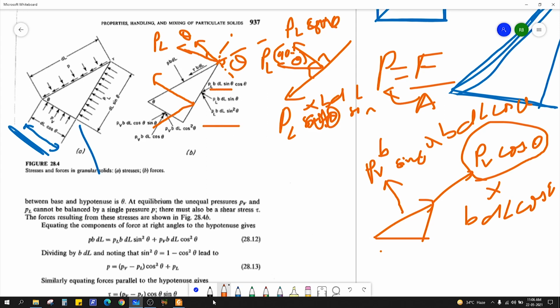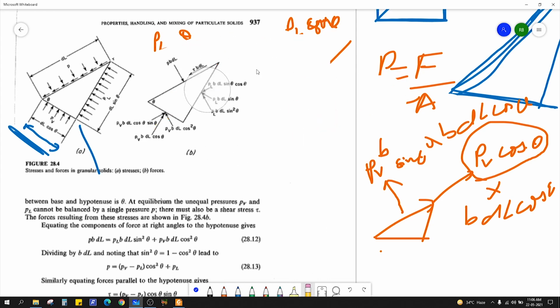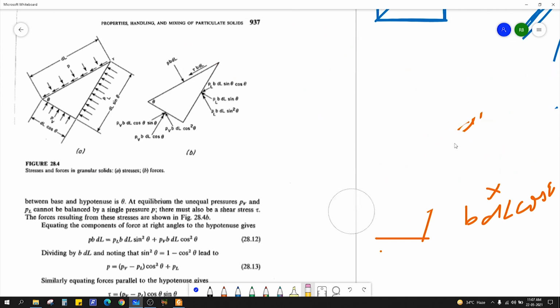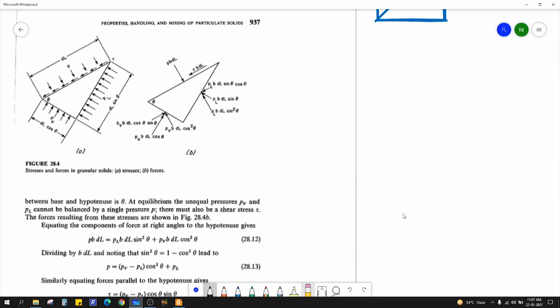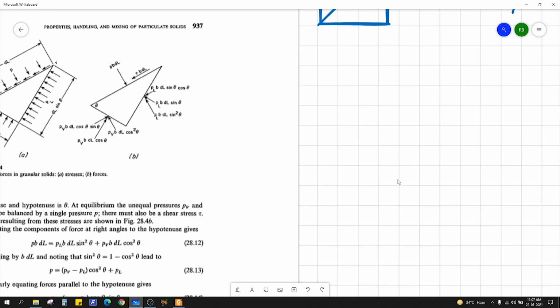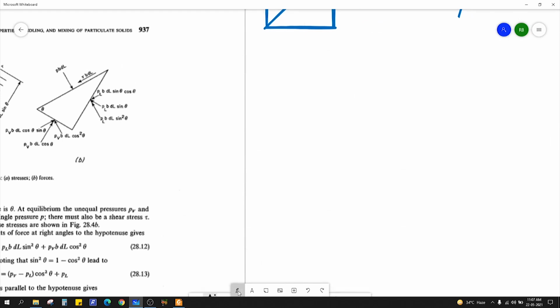Okay, now let's make a force balance. I will make a force balance in two directions, one in this direction and one in this direction. This is along the hypotenuse, and this is perpendicular to the hypotenuse. So first I will take the one perpendicular to the hypotenuse.